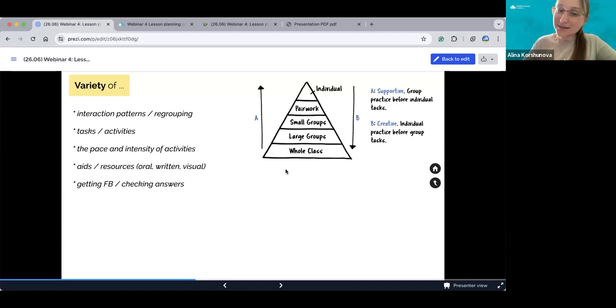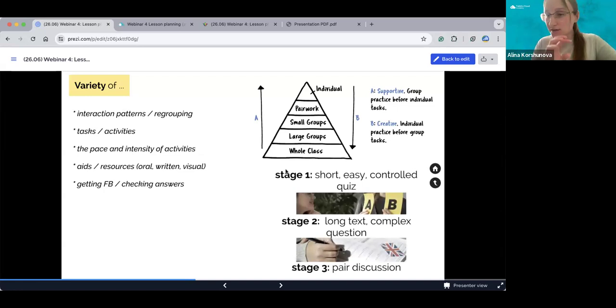Also think about pace and the intensity of activities. Make sure that some tasks are easy and short. Then you have some more complex questions like long reading. And after that, probably you would have something more relaxing, such as talking. So make sure that you change the intensity of activity, especially for young learners.